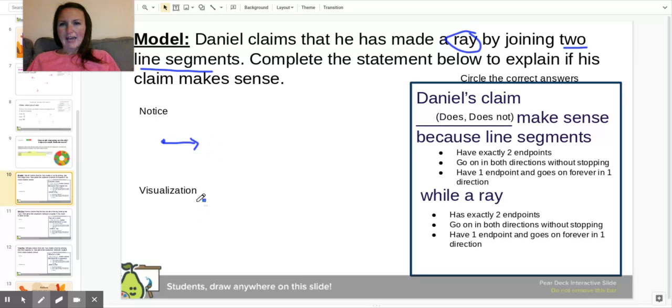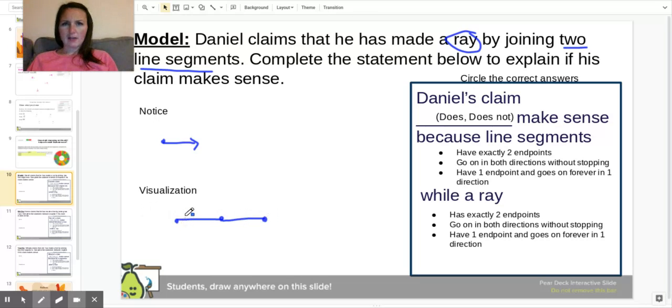So what does that actually look like, what he's showing? So this is what I noticed I'm supposed to make. He has two line segments. I know a line segment has an endpoint and an endpoint. Now it says he joins them, so I think I'm putting those together. So I'm going to put another one here, and I know it has an endpoint.